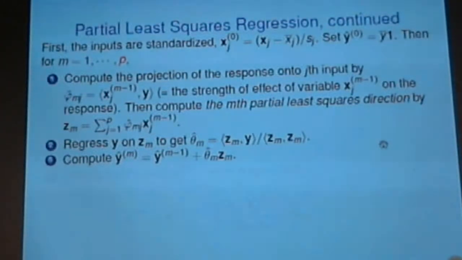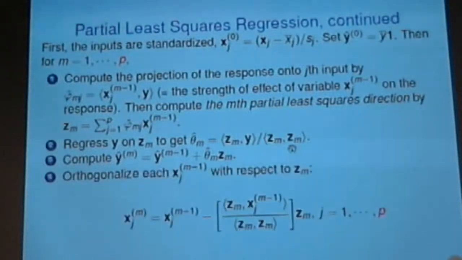And you refine your responses, updating the response using this regression result. So every step you are doing regressions on linear combinations of the input variables, refining the result, and you output at each stage the predicted response like this.